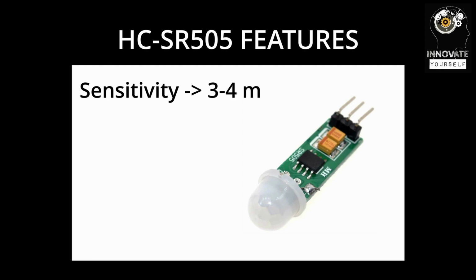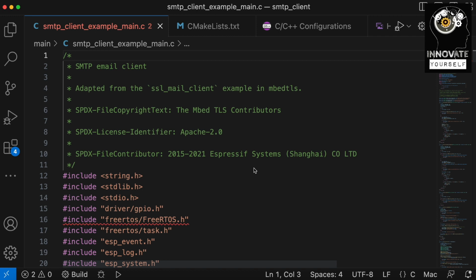Accordingly, this also provides a delay of about 8 seconds, so that for 8 seconds it can simply say there was a motion detected, right? This delay is by default with this SR505, and we cannot vary it, so these are fixed values for this PIR sensor, right? So this is the way it is going to work. And the first and very important thing we are talking about right now is how exactly your PIR sensor works, right?